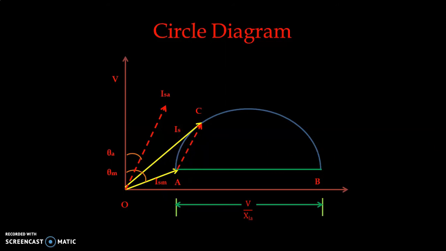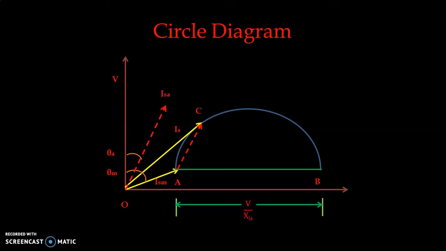Now from the circle diagram, it is very clear that starting torque is proportional to ISA, that is starting current of the auxiliary winding, because ISM, that is starting current of the main winding, is constant because we have set the parameters of the starting winding and we have fixed that parameter.